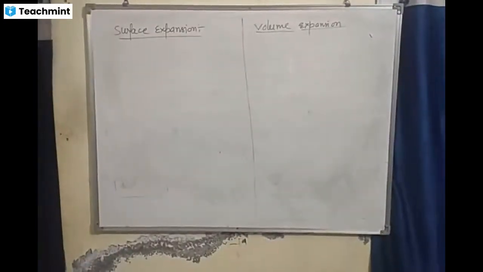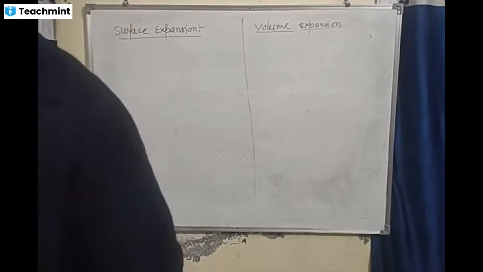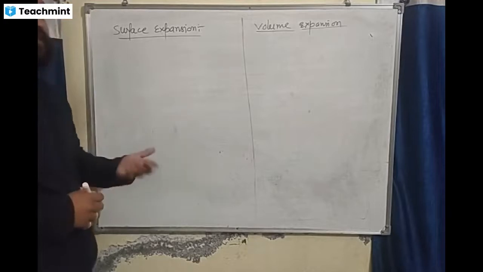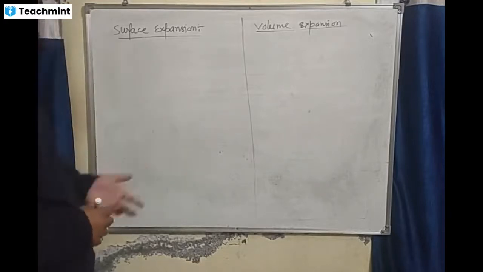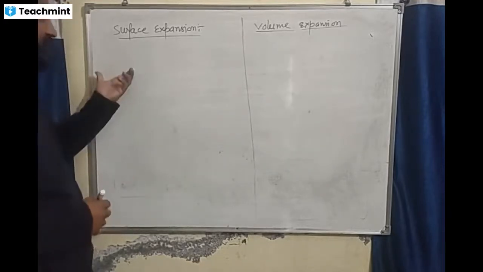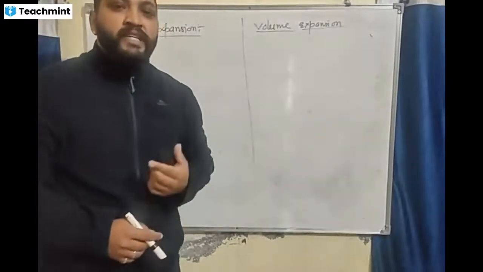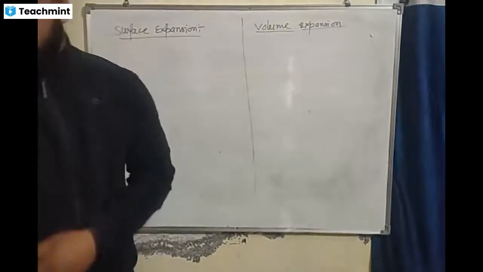Now what we are going to discuss is surface expansion and volume expansion. On increasing the temperature, if the surface area of any body increases, then it is known as surface expansion. If the volume of any body increases, that is known as volume expansion.